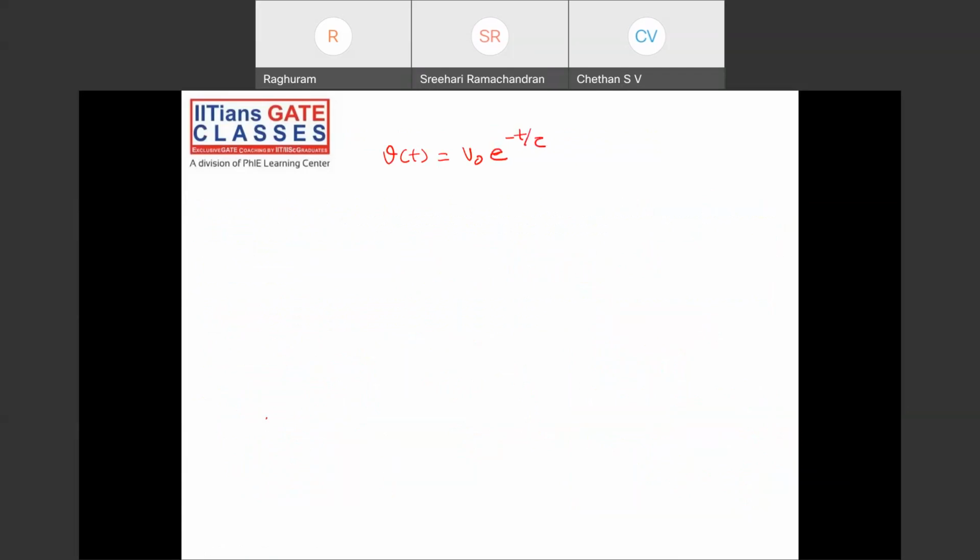If I draw the graph of it, voltage V of t versus time t, this is V naught at t is equal to 0. At t is equal to infinity, it dies out to 0.